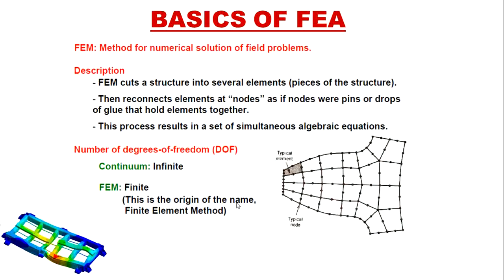Here you can see a structure divided into a finite number of elements, where we find the solution for each element and then assemble the individual solutions in a particular form and with particular conditions to obtain a final solution.